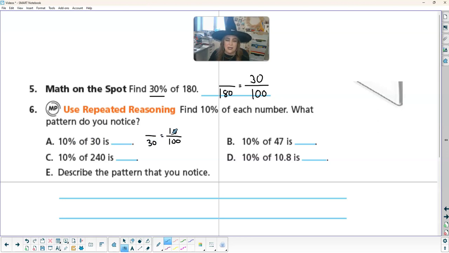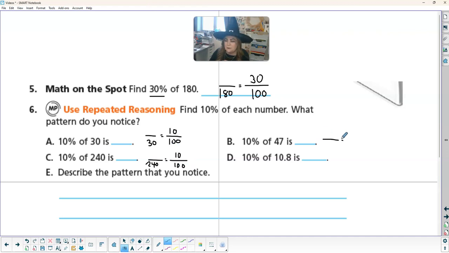So we need to do 30 times 10 divided by 100. This one, same thing, 10 out of 100, but this time it's out of 240. So 240 times 10 divided by 100.